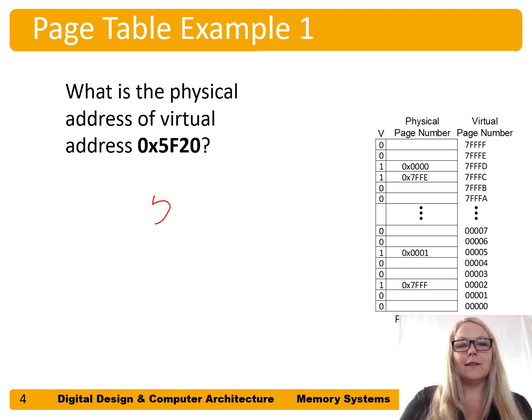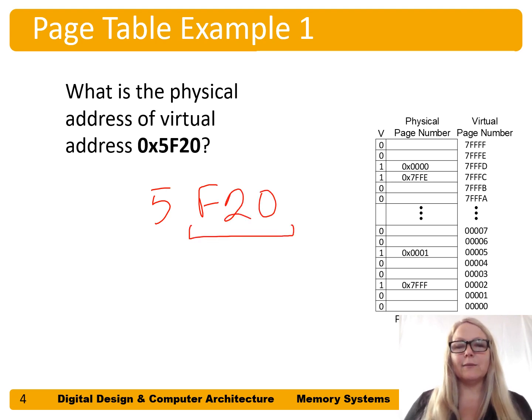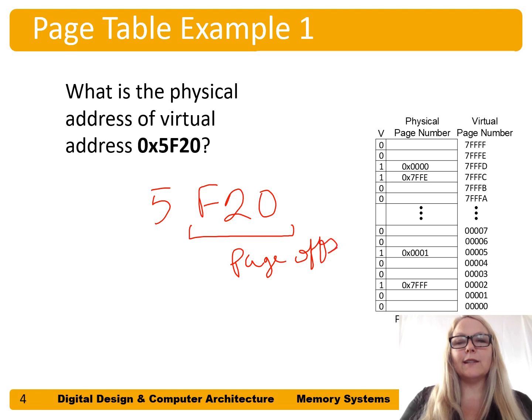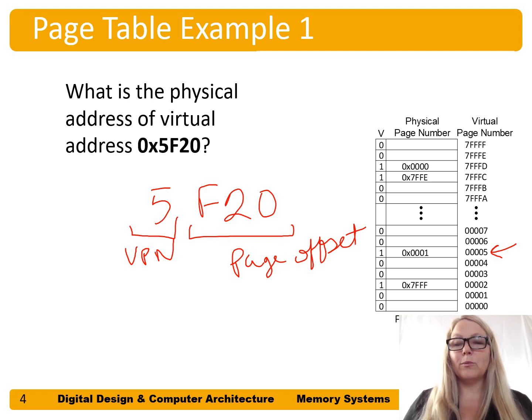So the page offset is, again, the lower 12 bits because our page size is 2 to the 12 bytes. And so here's our page offset. We don't translate that. Again, all we're translating is our virtual page number. So we look at this table. We look at entry 5 because it's virtual page number 5. It is valid.